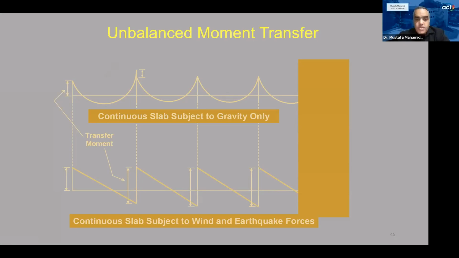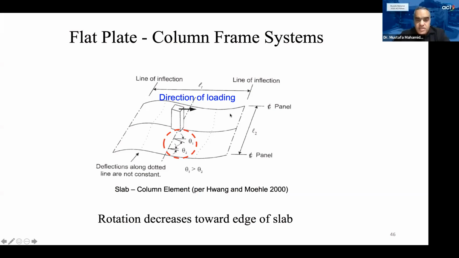So that is for a direction of loading in that direction. This is the behavior that we have, and that's the drift. So theta is related to the drift, and that drift is what causes the punching shear that may happen at the slab column connection. That theta, that angle, as I mentioned before, reduces as we go away from the column.